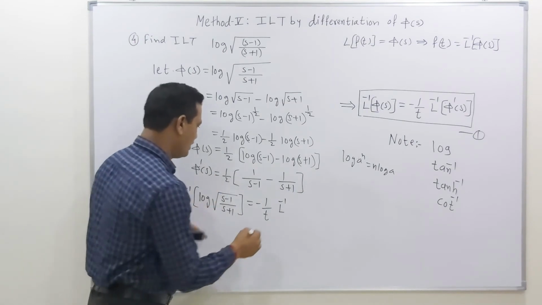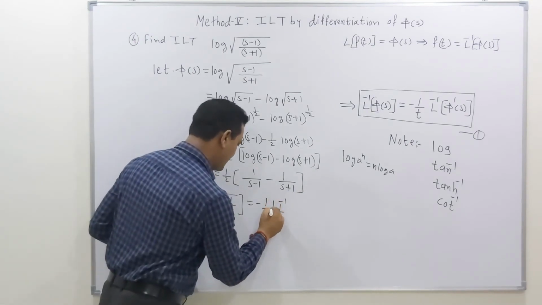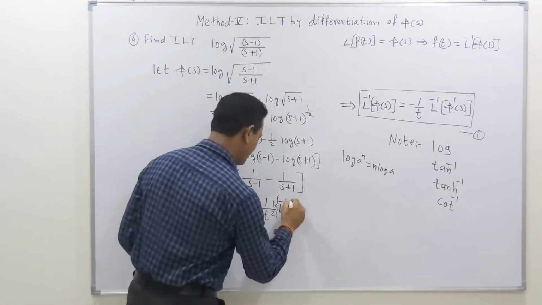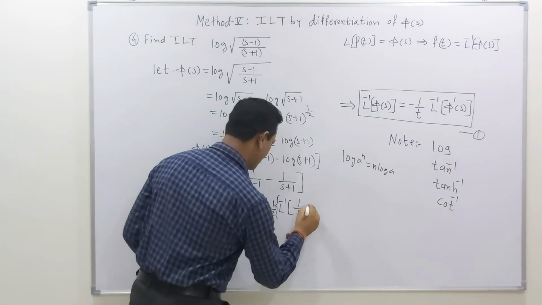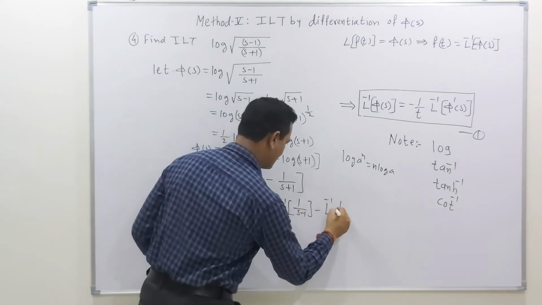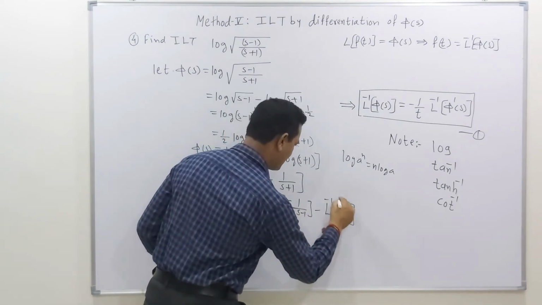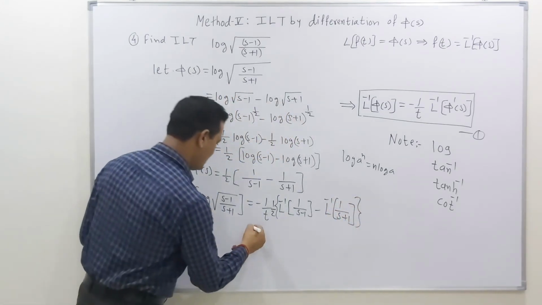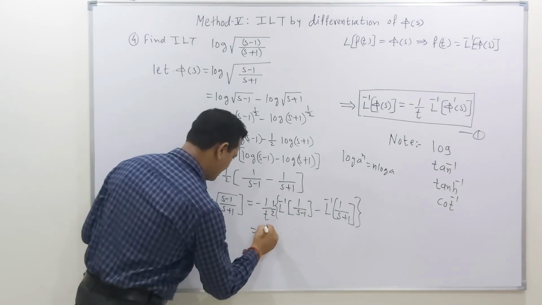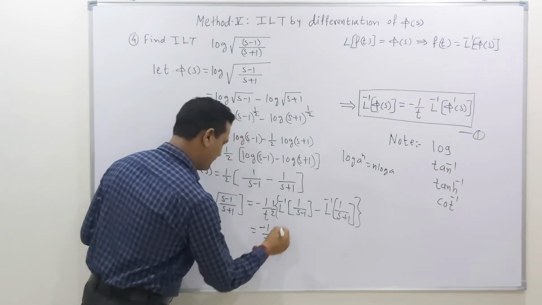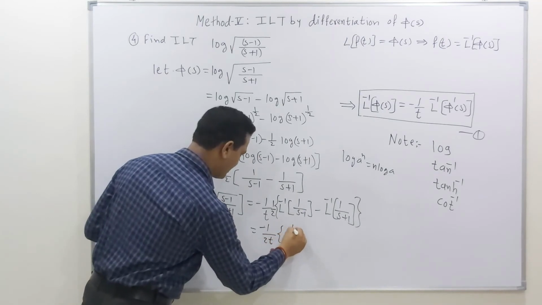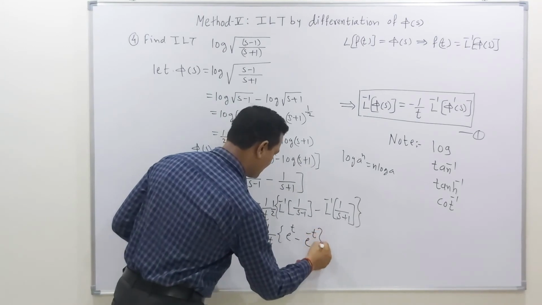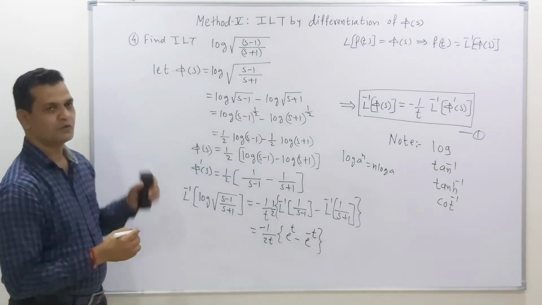So here 1 upon 2 is common, so we may directly take this as 1 upon 2, then inverse Laplace transformation of first term, which is 1 upon s minus 1, minus inverse Laplace transformation of 1 upon s plus 1. So by linearity property for the inverse Laplace transformation, we can write this as minus 1 upon 2t, then inverse Laplace transformation gives e raised to t, minus e raised to minus t. So this is the final answer to the fourth question.